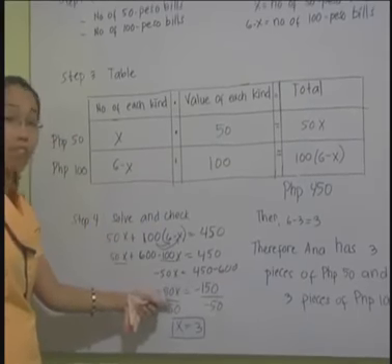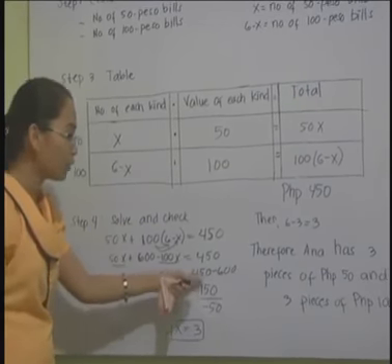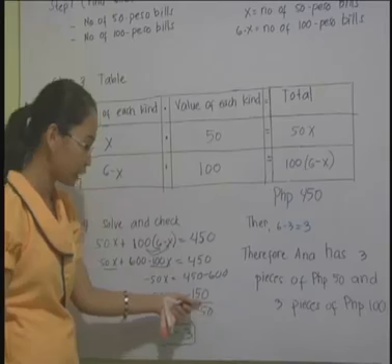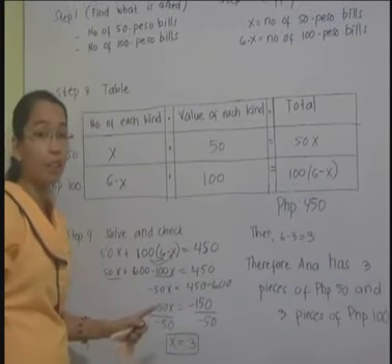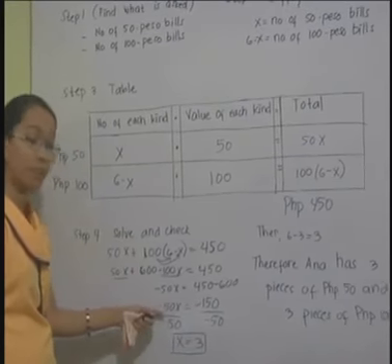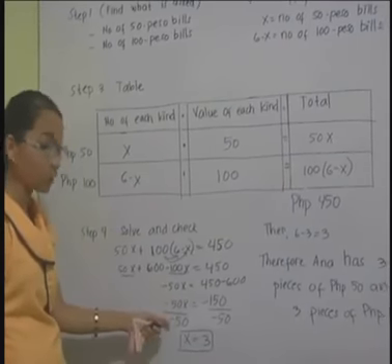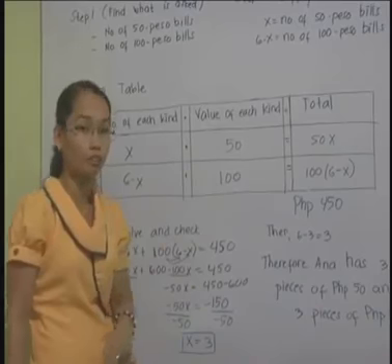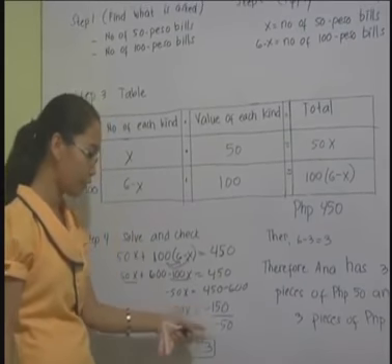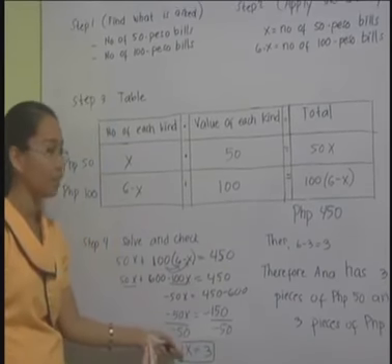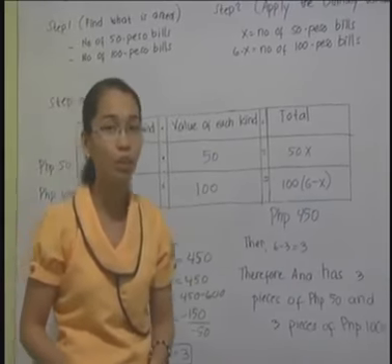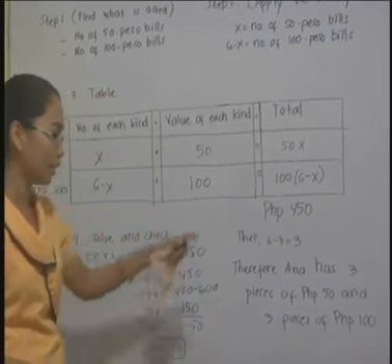Now negative 50x is equal to 450 minus 600, that is negative 150. To get the value of x, we need to divide both sides by negative 50. So negative 50x divided by negative 50, negative 150 divided by negative 50, and x is 3. So now we have the number of 50 peso bills, and that is 3.